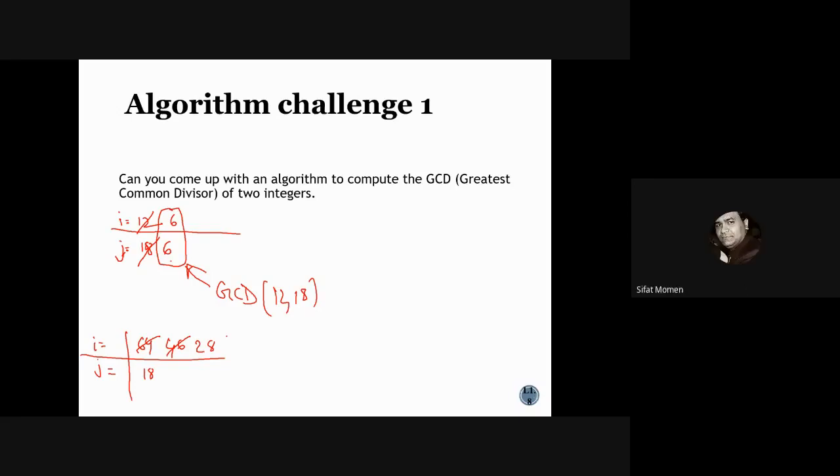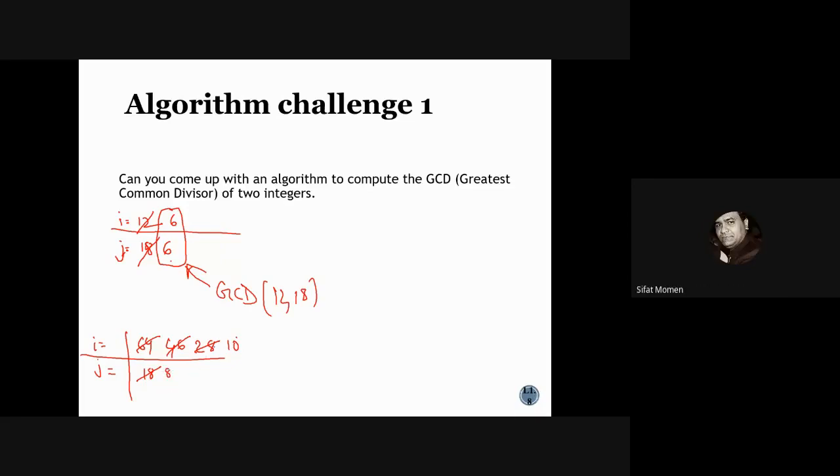So the updated value is 28 minus 18, which is 10. 10 and 18, are they equal? No, not yet. Which one is larger? 18. So what's the new value of J? 18 minus 10, which is 8.